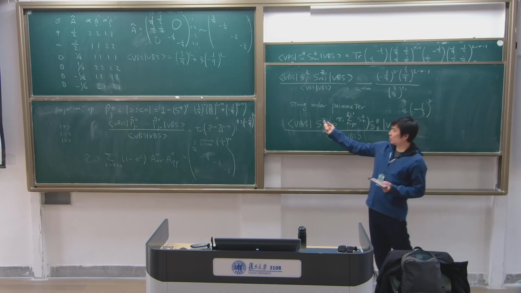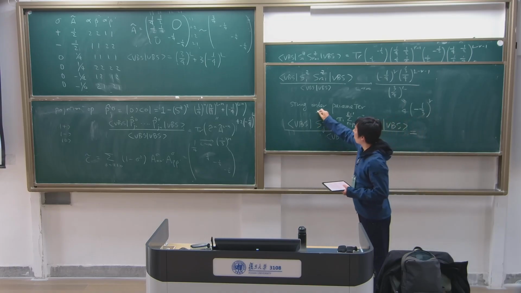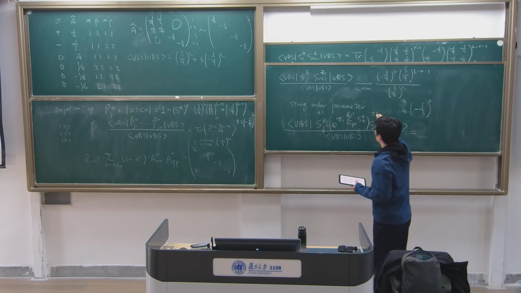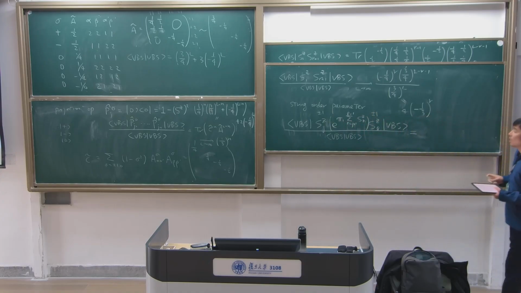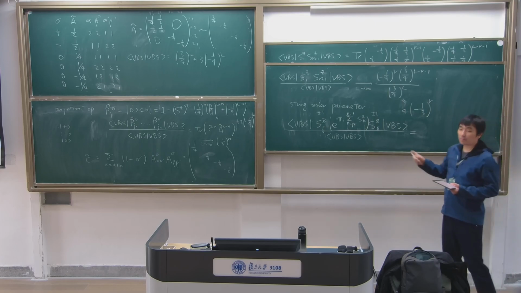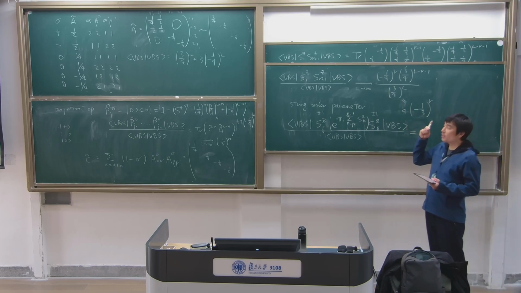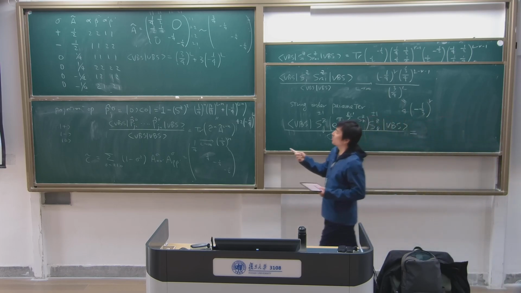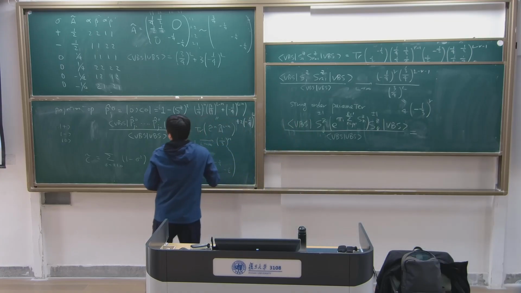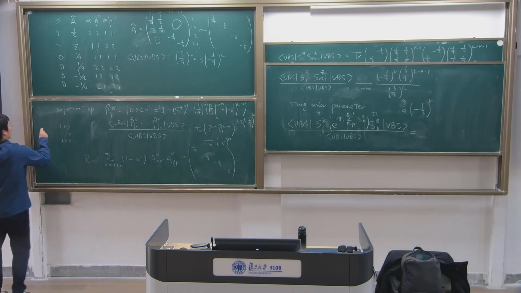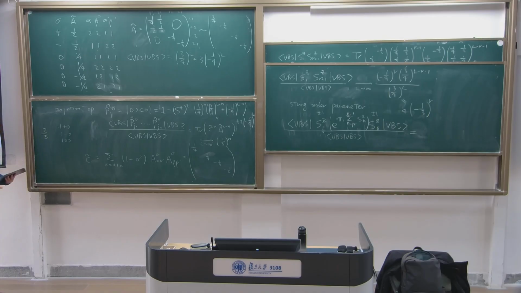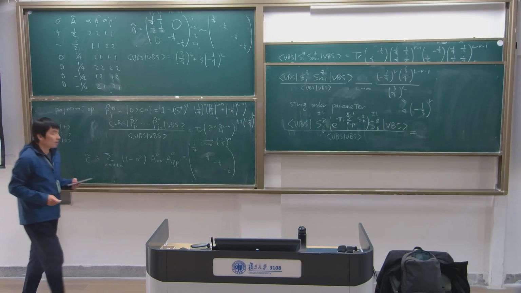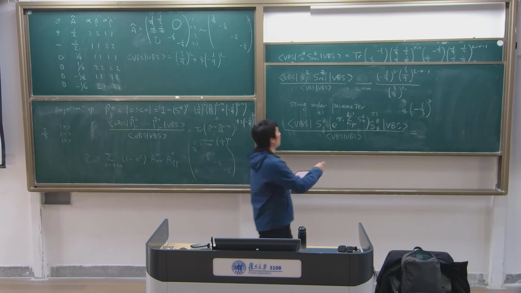Therefore, it should be plus or minus 1 to have a non-zero expectation value. But we only need the end spins to be plus or minus 1, so the probability is 2/3.